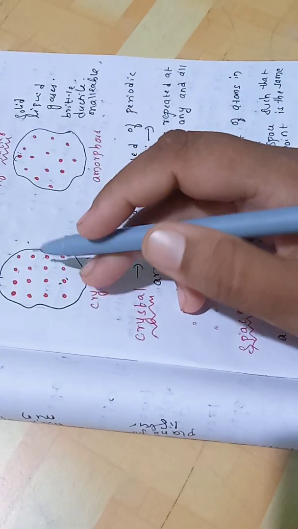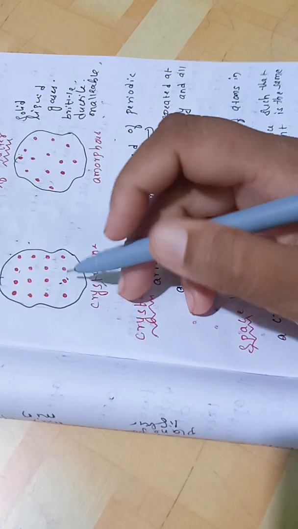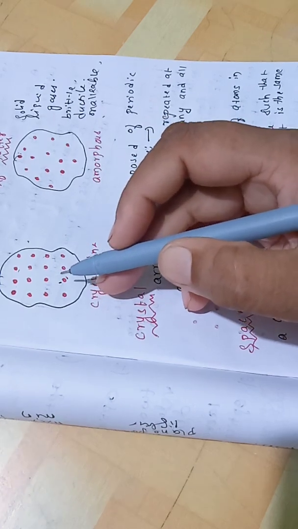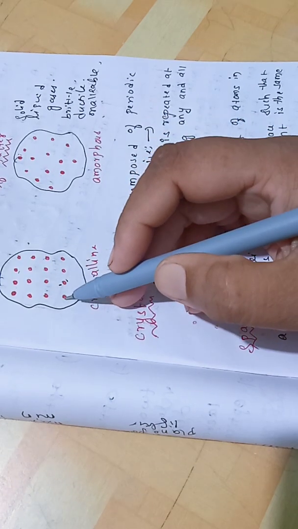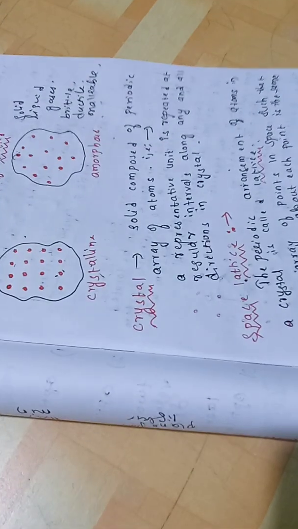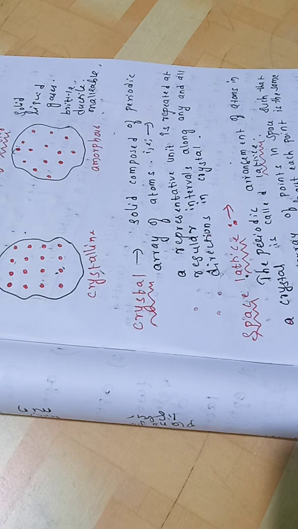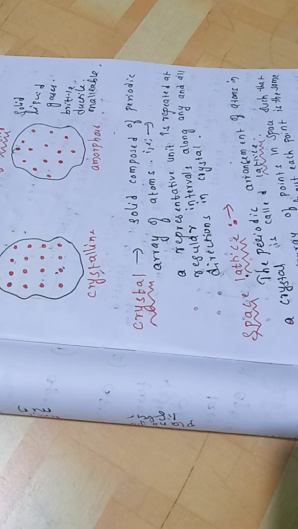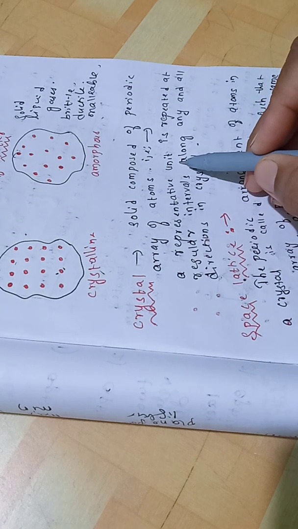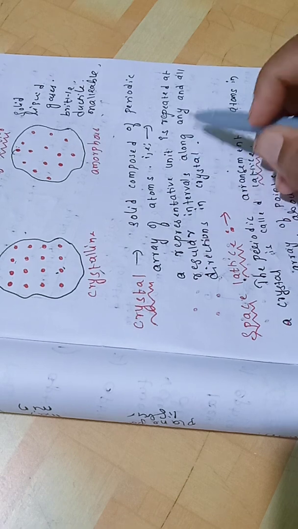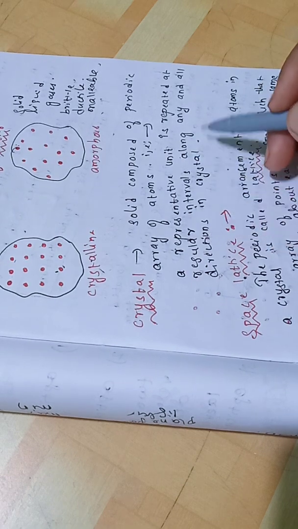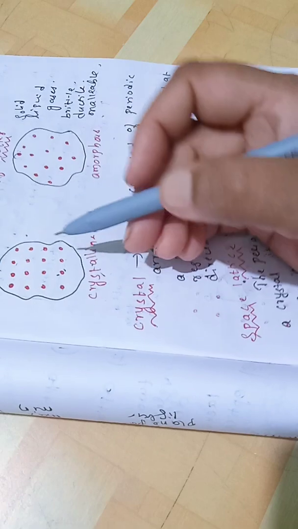So how to define a crystal? A crystal is a solid composed of a periodic array of atoms. We can also say that a representative unit is repeated at regular intervals along any and all directions.